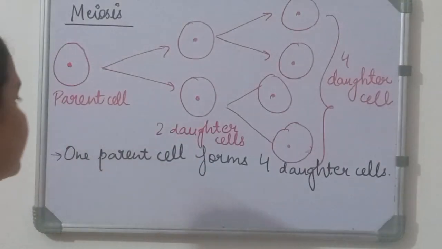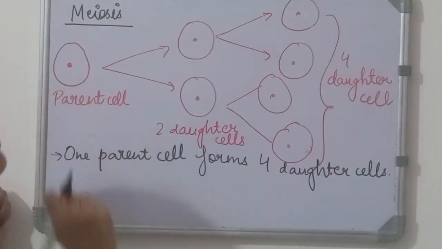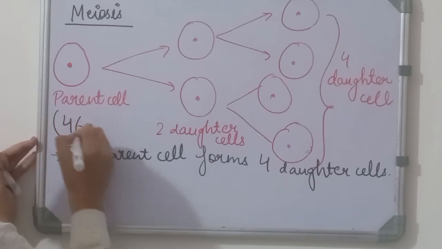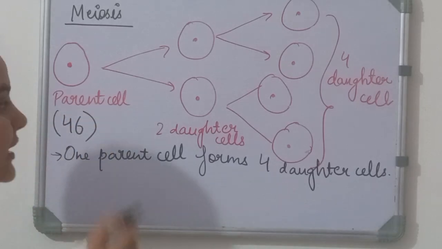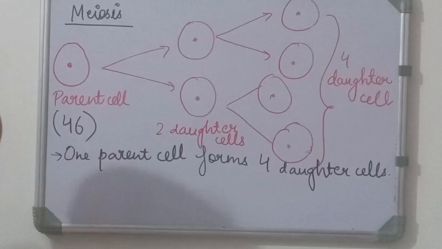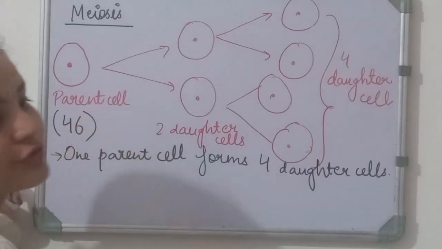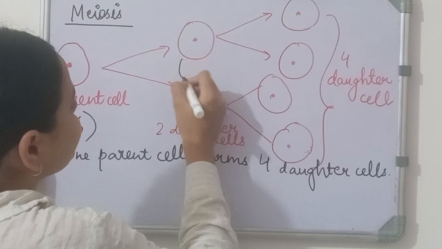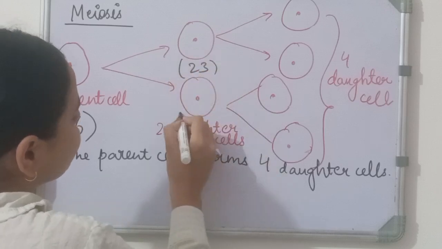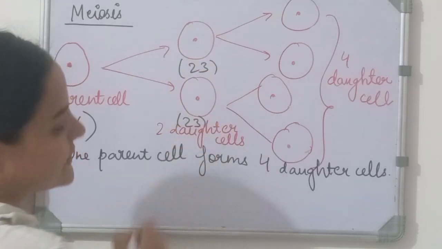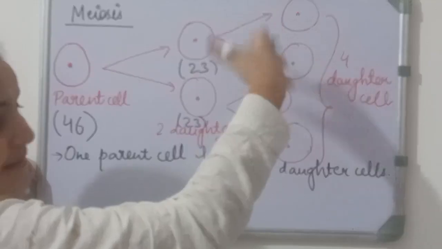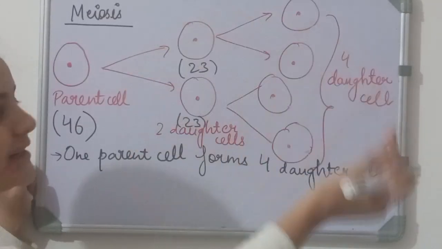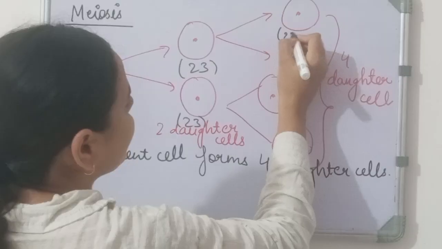Okay, now here the chromosome number in the parent cell is 46, but here it's different from mitosis. The chromosome number is halved in the daughter cells. Here it becomes 23. This daughter cell also has 23, and further the next four daughter cells also have 23, 23, 23, 23 chromosomes.